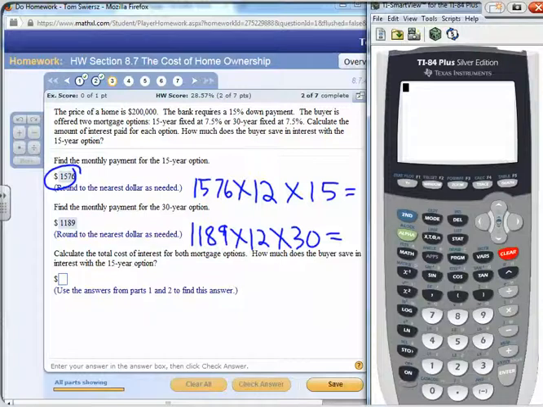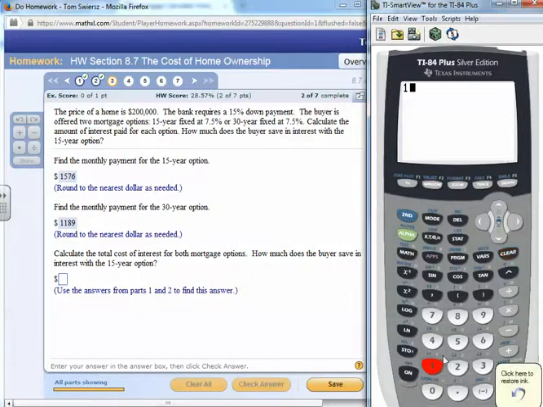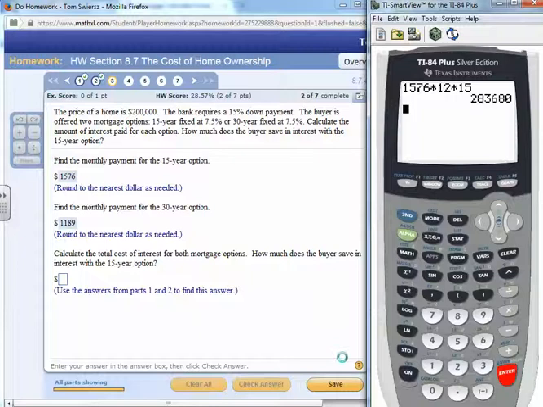Okay, so we'll find both of those values, and then we'll subtract the 30-year minus the 15 to get how much the buyer saved, right? Well, to find the difference. So what did the buyer spend after the down payment? For the 15-year option, as we just stated, the monthly payment $1,576 times 12 months a year, times 15 years, and the total is $283,680.